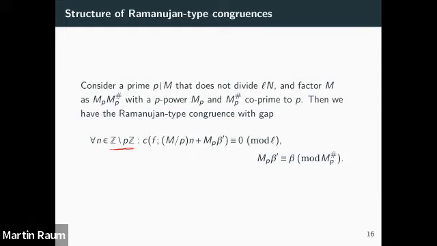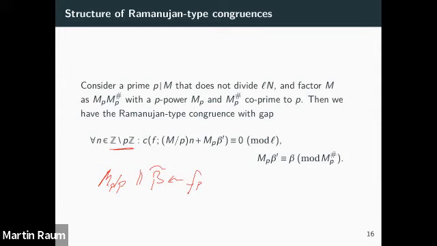So in this case, M_P divided by P exactly divides some kind of beta tilde that you need from this F_P, where I isolate everything away from P.